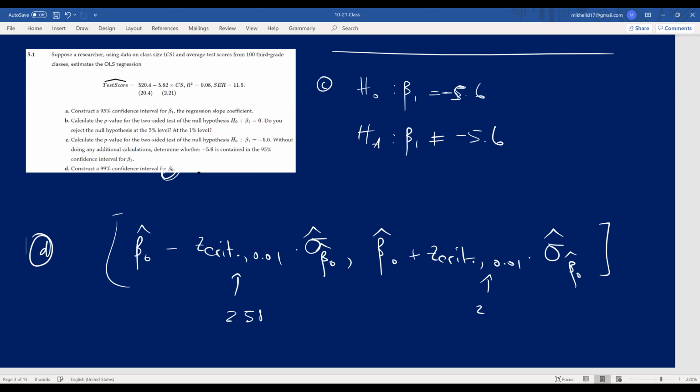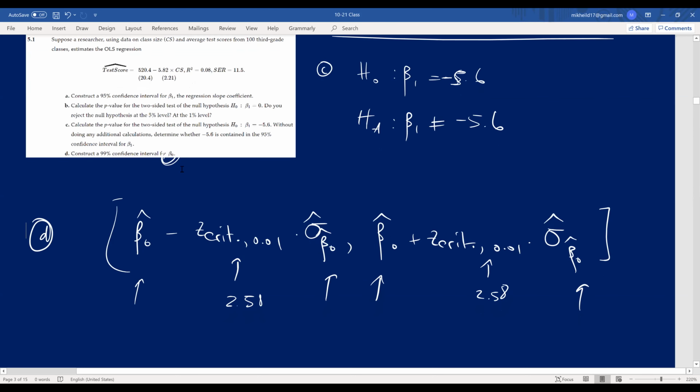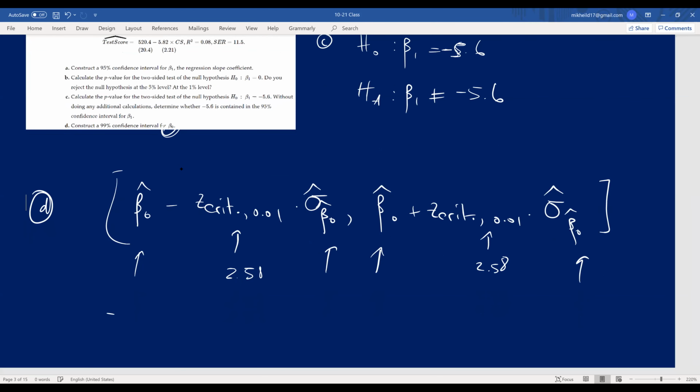Same thing here. And we know this because it is given here. So it will be 520.4.